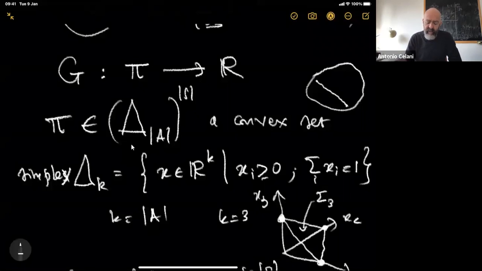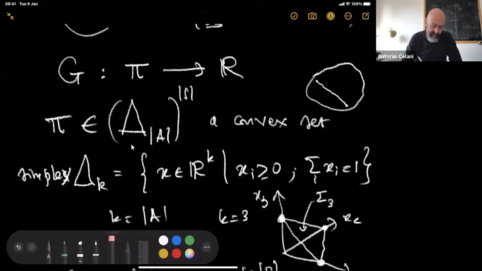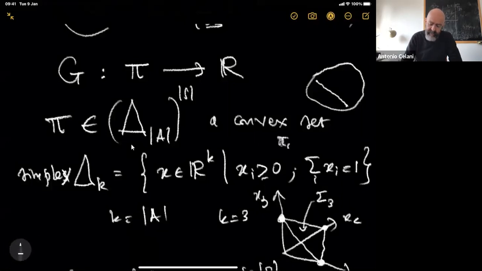Why is this a convex set? Well, it is very simple. If I have two policies, pi 1 and pi 2, and I make a linear combination, lambda pi 1 plus 1 minus lambda pi 2, which means drawing this line, then for any value of lambda between 0 and 1, I move on a line between pi 1 and pi 2.